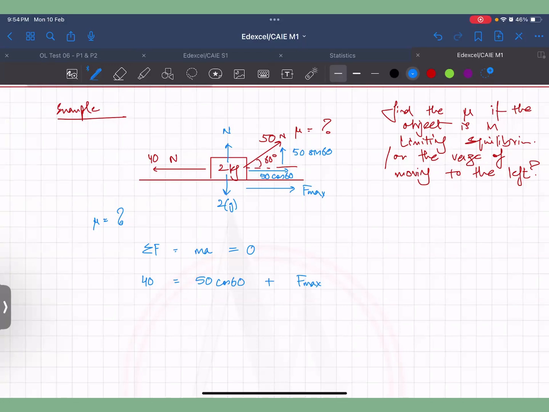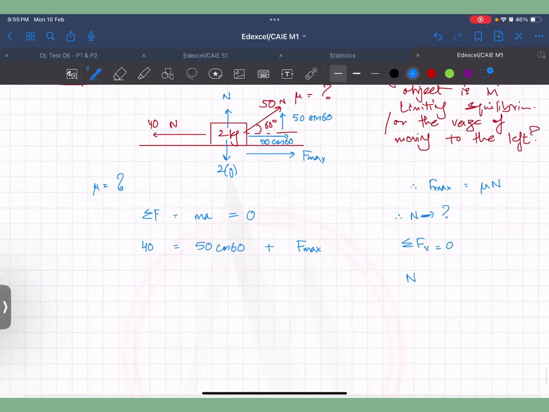Now, how would you find F max? We have to use mu N or mu R. For this, you have to find N somehow. Vertical sum of forces would be 0. Vertically upwards, there are N plus 50 sin 60, equal to the weight. I will have to change the question slightly.